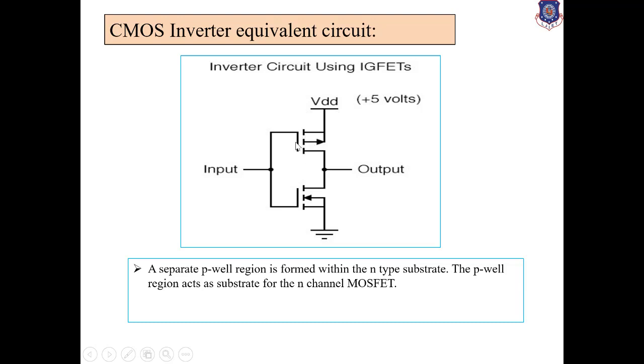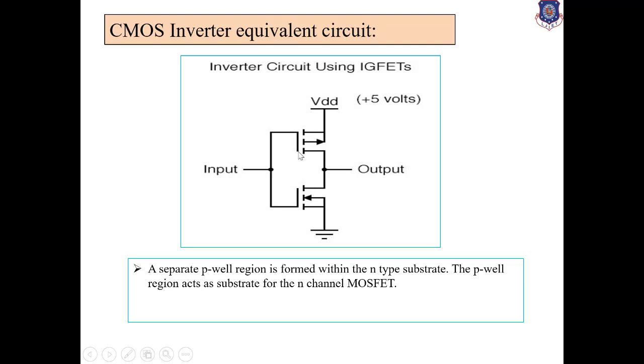This is the source terminal and the substrate terminal, both connected together. This one is the drain terminal. Actually, this is one transistor and this is the second transistor, transistor 1 and transistor 2. One is PMOS and the other is NMOS.